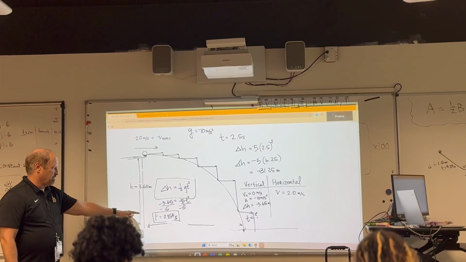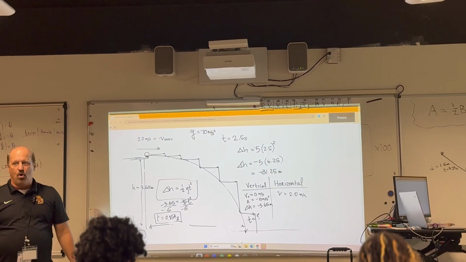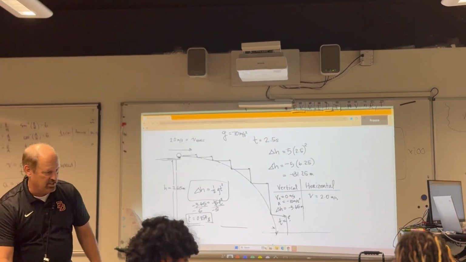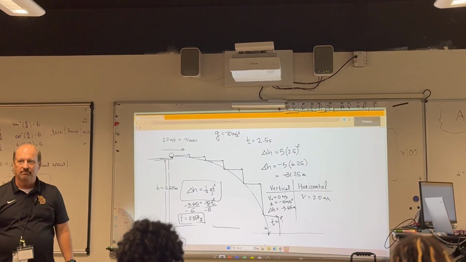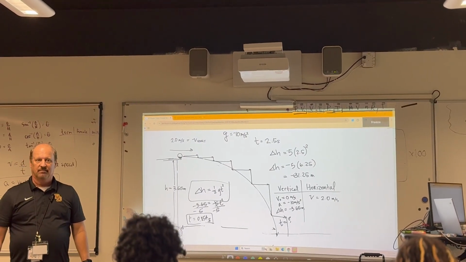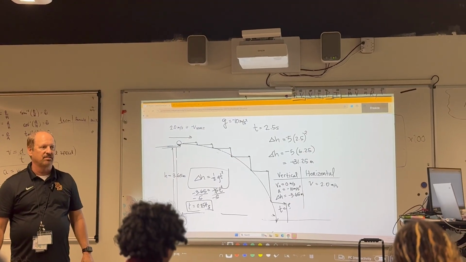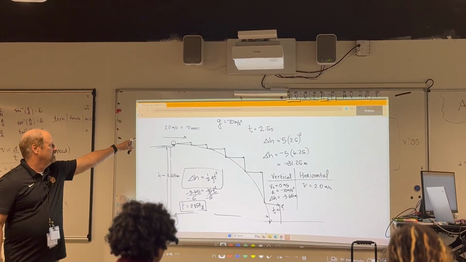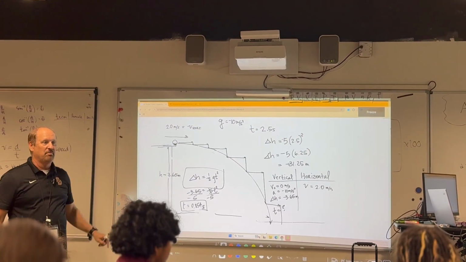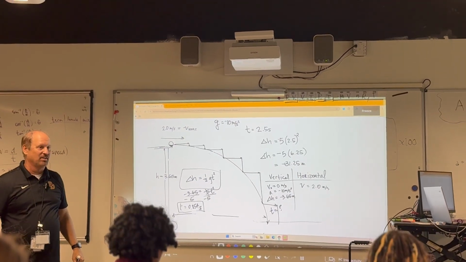So if my time is 0.854, whoa, people! Who can tell me how far away it lands? What's the horizontal speed? Jackson, what's the horizontal speed of this thing? 2 meters per second. How long is it traveling for?